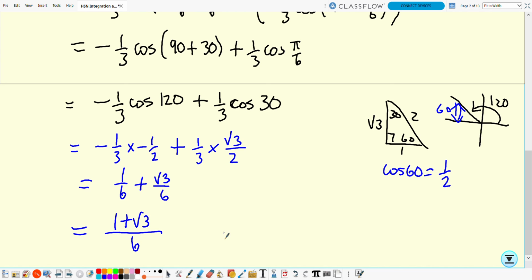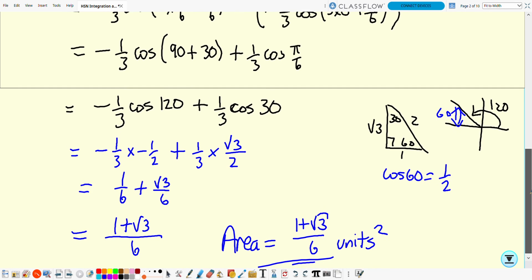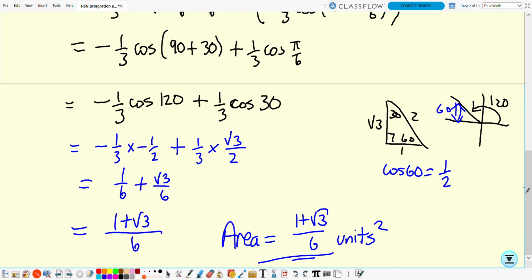So your area could therefore be equal to 1 plus root 3 all over 6 square units, without the calculator. So just a wee bit more complicated when it involves a sine or cos expression, but it's still all the same processes.